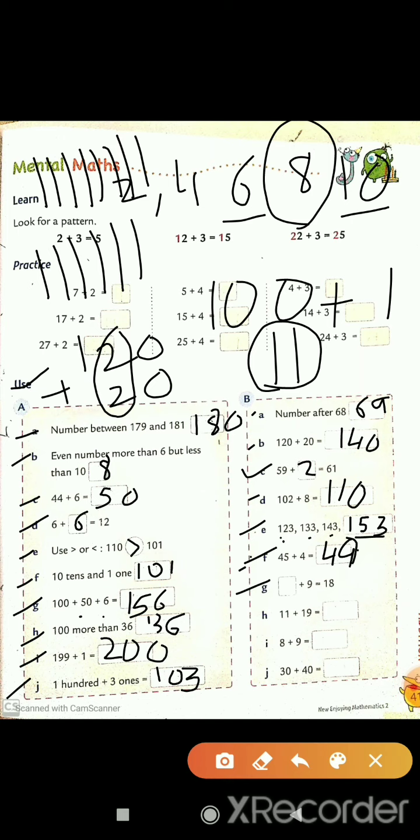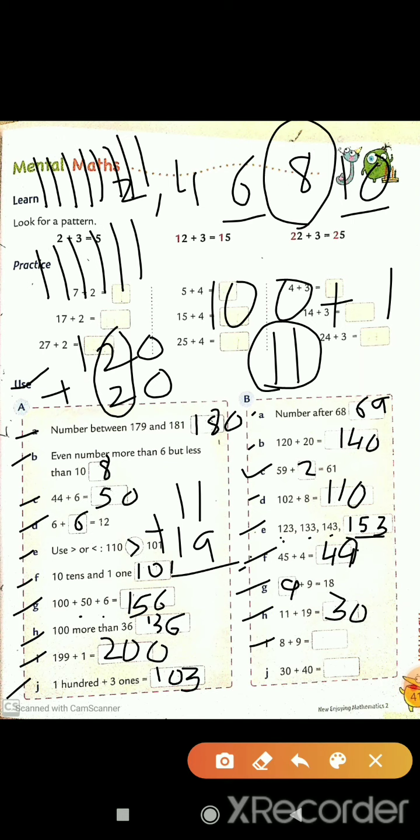Next, dash plus 9 is equal to 18. So 9 plus 9 is equal to 18. Next, 11 plus 19. 11 plus 19 is equal to 30. You can check by adding 11 and 19 together. Got it, students?